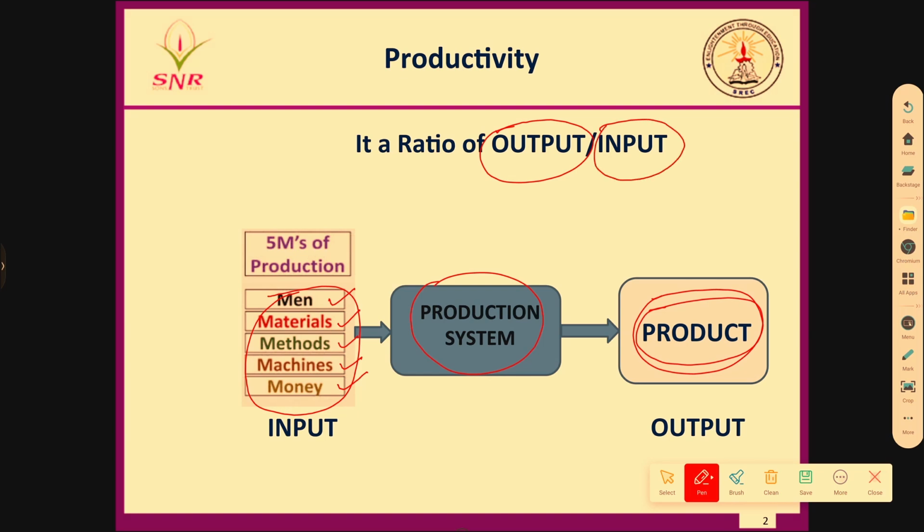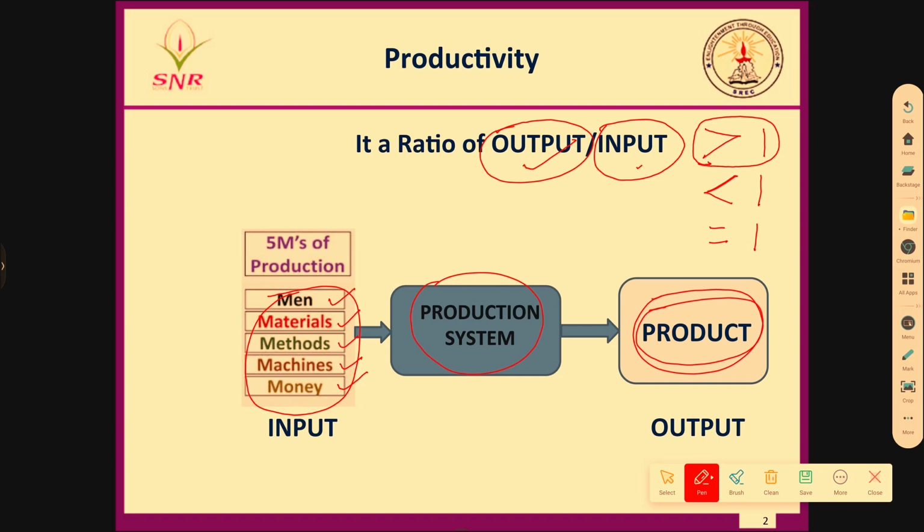There are possibilities of having the value greater than 1, less than 1 or equal to 1. If the value we got is greater than 1, it means the value of the output we got is more than the value of the input. That means the system is functioning profitably.